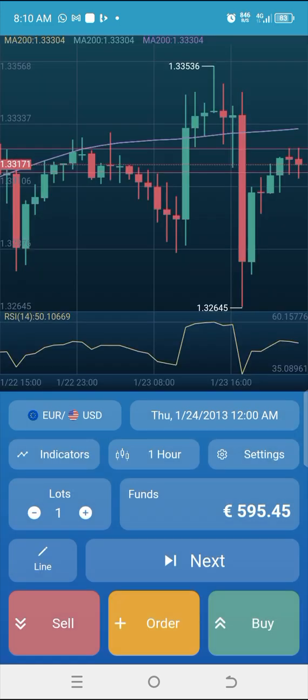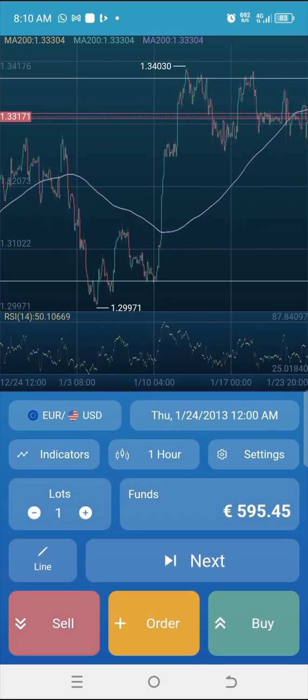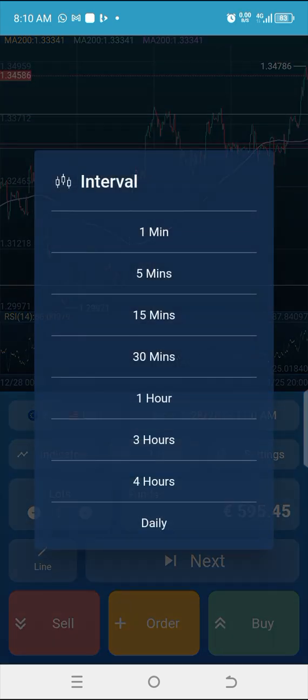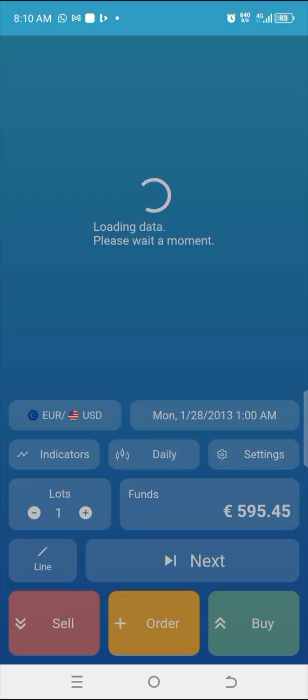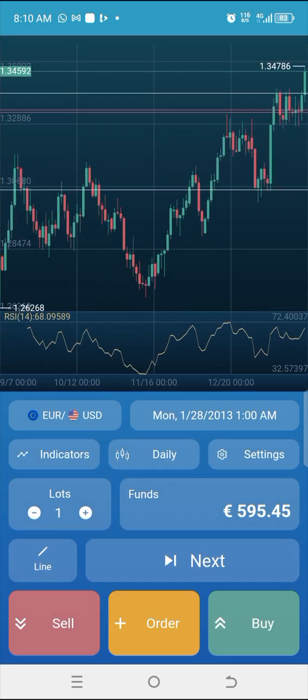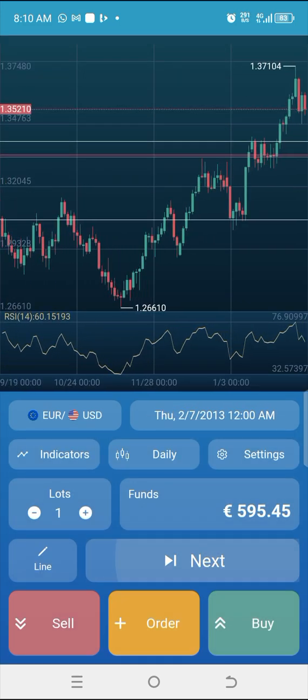Okay, 1 hour. No trend at the moment, but let's wait and see. Has broken, so let's wait and see.